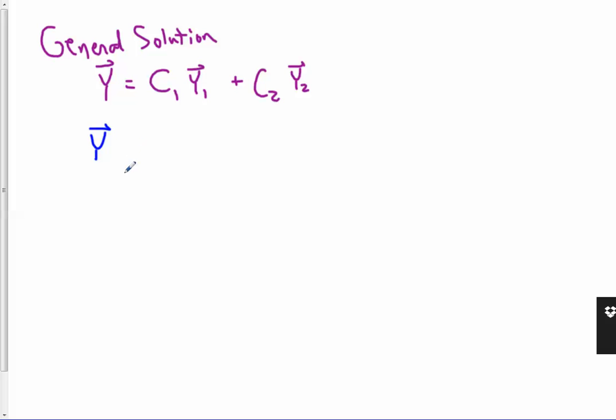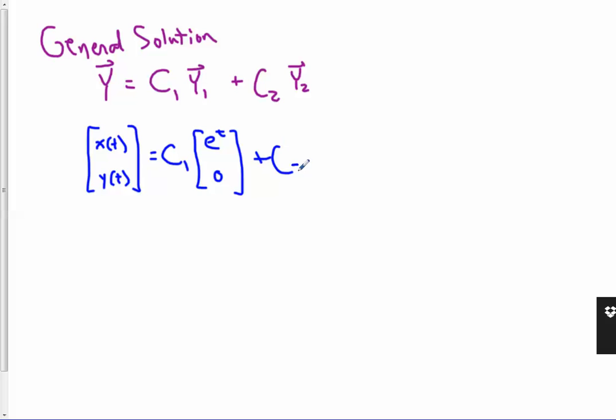All right, x of t, y of t, claiming that this is C1, and then my y1, remember my first solution was e to the t and 0, plus C2, and it was 1/3 e to the negative 2t and e to the negative 2t.